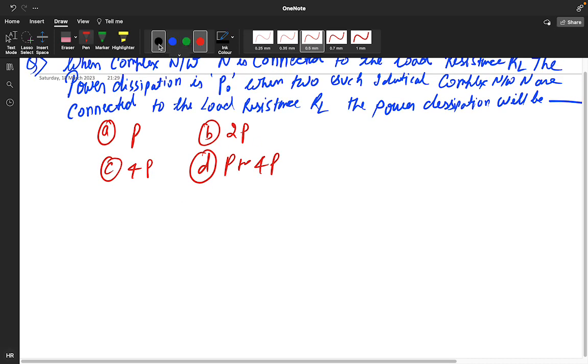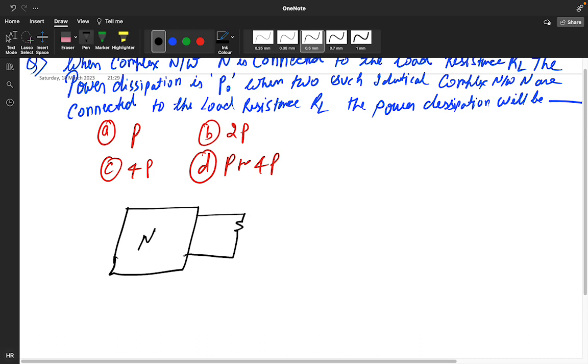Means suppose you have a complex network like this, one complex network, and it has a load resistance RL. In this case they said that the power is P, P naught or P, whatever you want to take.